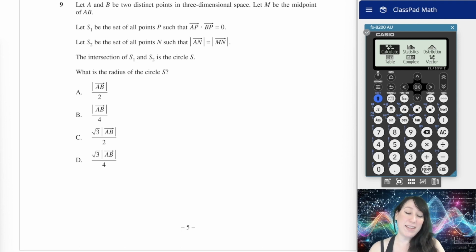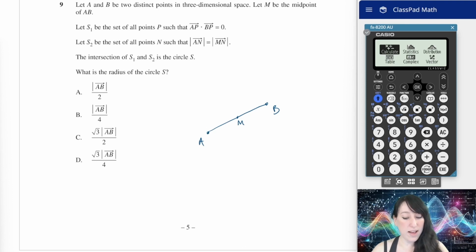To help me work through questions like this, I like to draw a diagram. We have two points A and B, and M is the midpoint. Now let's consider S1, the points P such that the vector from A to P dotted with the vector from B to P is equal to 0. Remember, what that means is that those two vectors are perpendicular. So where would all the points P lie such that the vectors from A and B to that point are at a right angle?